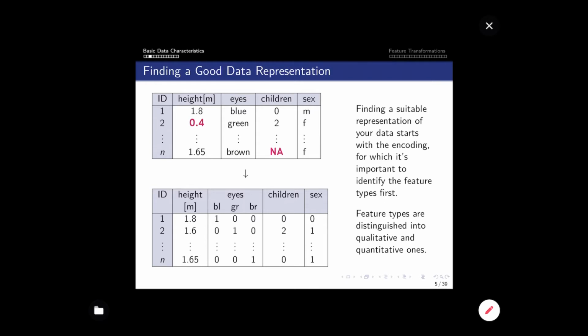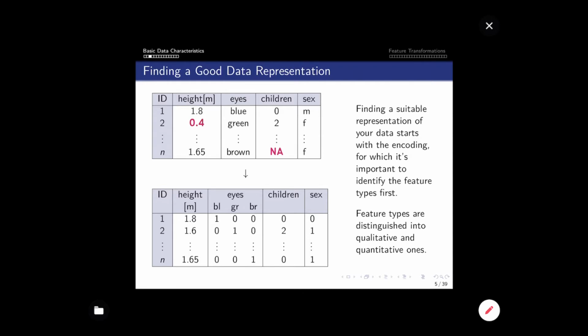And then of course we also have, next to the encoding, some other issues. For example, you might have missing values. How to treat these missing values we will not cover in this lecture, but we will have a look at this later in the recommendation system lecture.